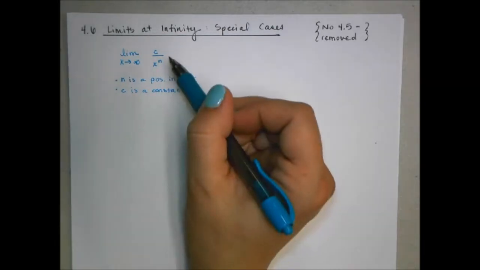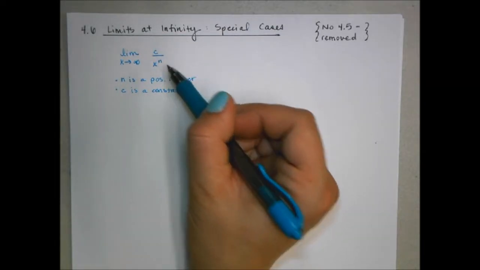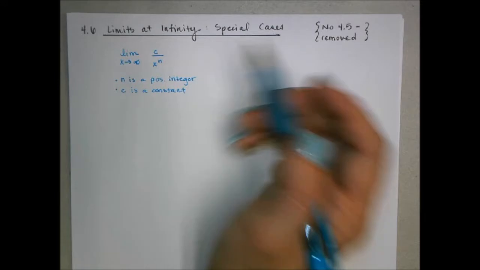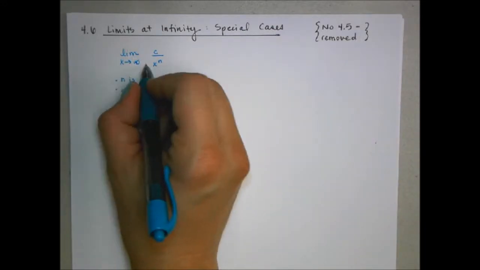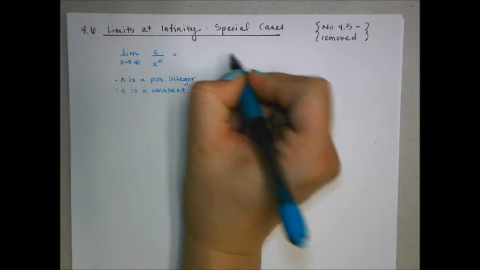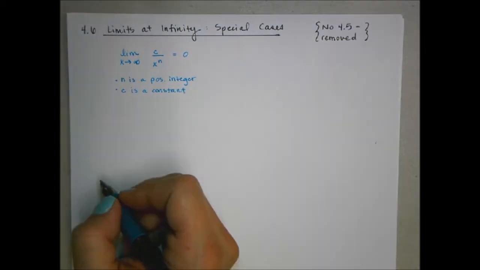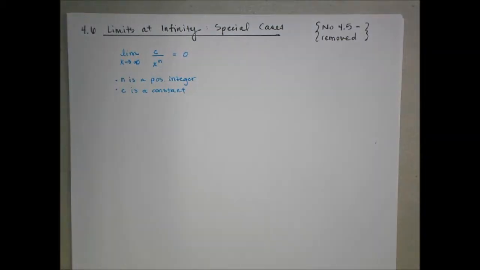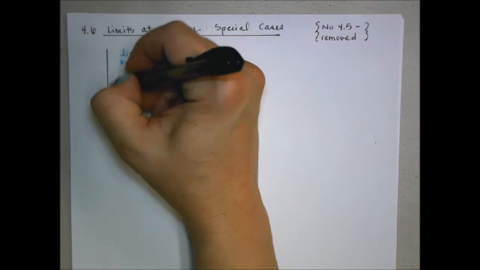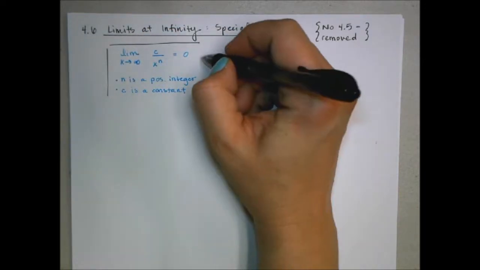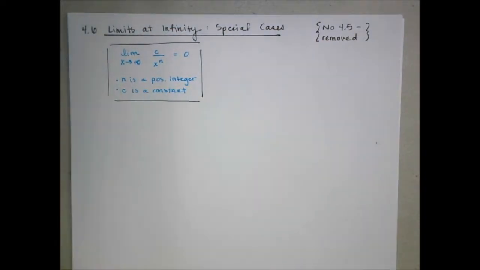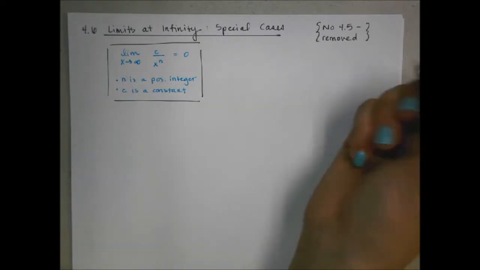We found that as we divide a number by a bigger and bigger power of x, as x gets really, really large, this number actually gets smaller and closer to 0. So we start with this. And that led us to our 3 special cases.